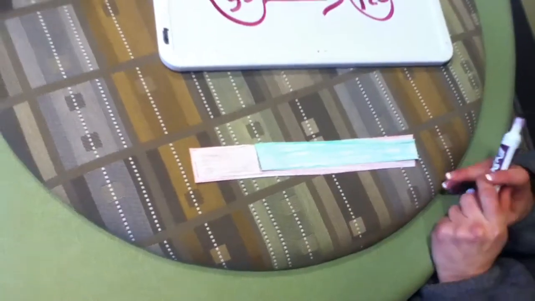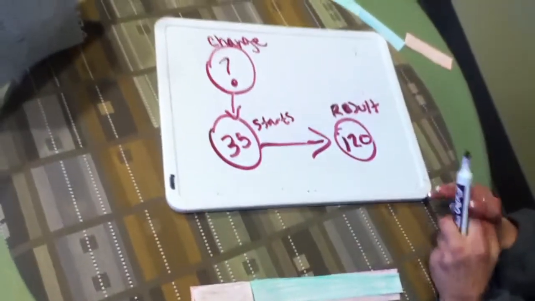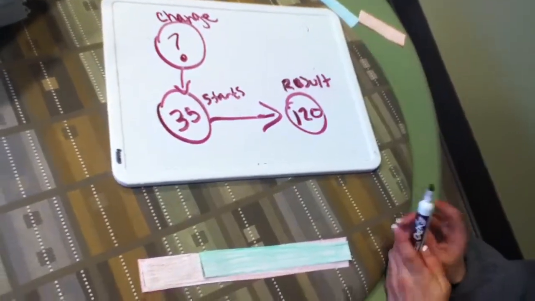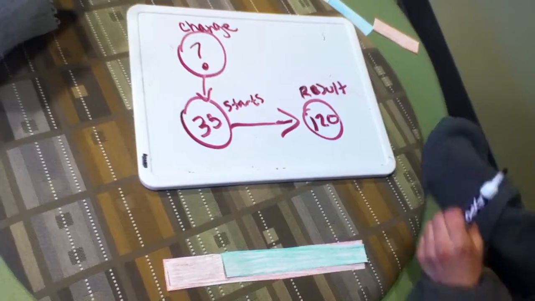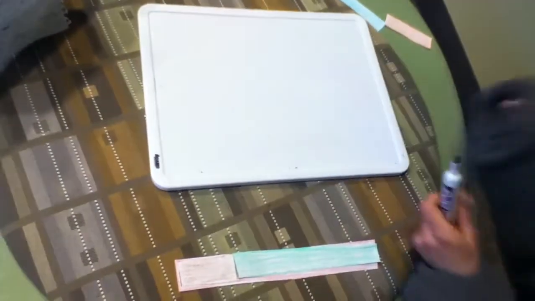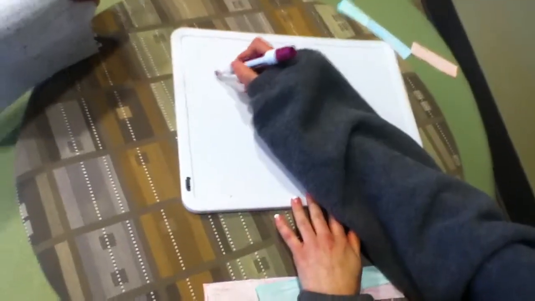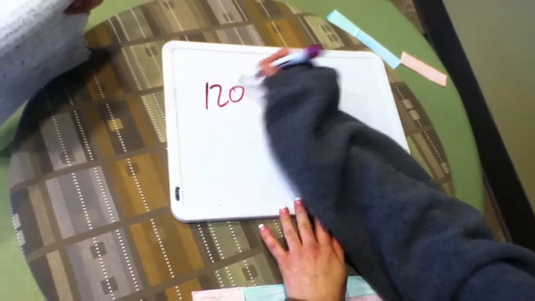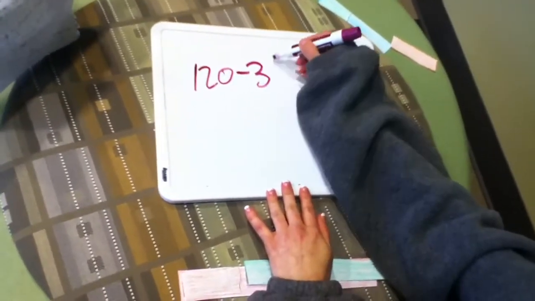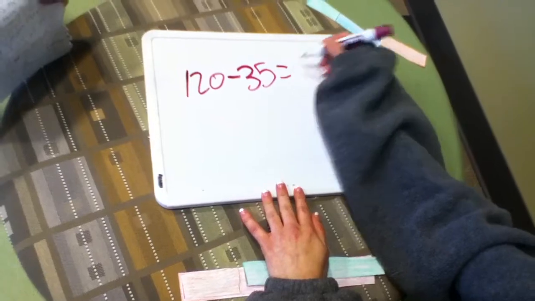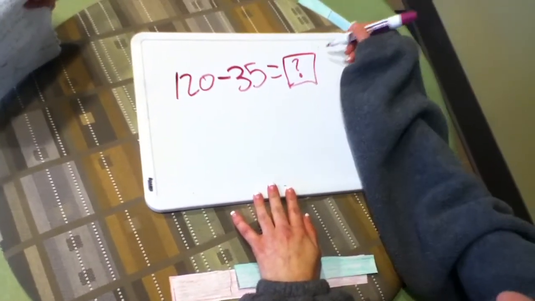And now to find out how many cards Cody gave her, we can use another equation. The equation can look like this. 120 minus 35 equals the change.